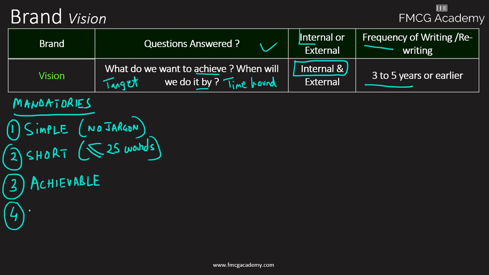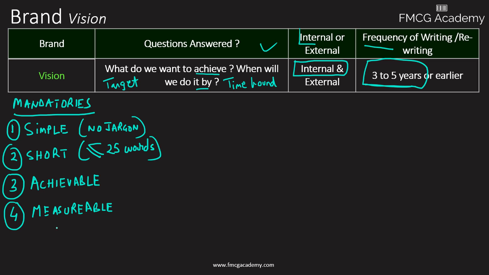The key thing, of course, again, is it's got to be measurable. Now this is important because obviously if you can't measure it, how will you know whether you've achieved it or not? The key thing in measurable is that if you're writing a brand vision over a 3 to 5 year time frame, you want to keep giving updates every month or every quarter as to where you are with regard to your vision statement.